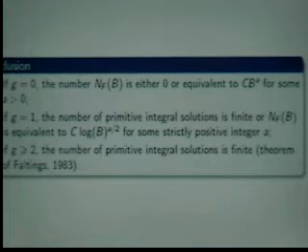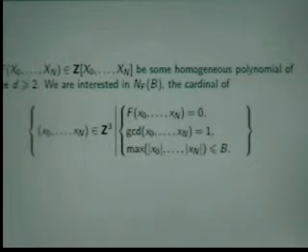Okay, so now let's go to higher dimension. So what can we say in higher dimension? Once again, I can take some homogeneous polynomial. I will simply consider hypersurfaces in P^n. That's enough for the talk.